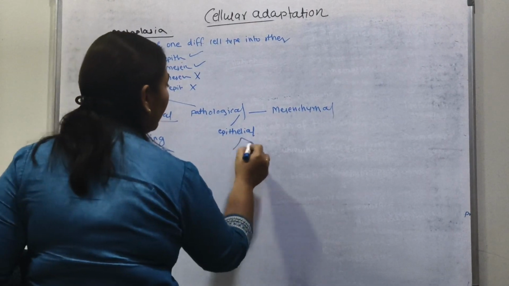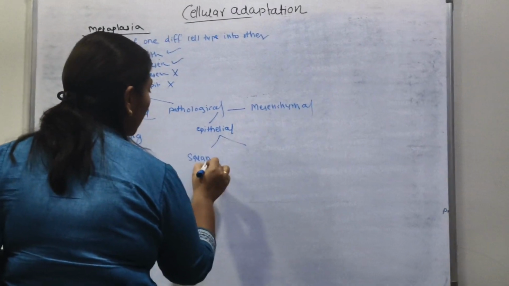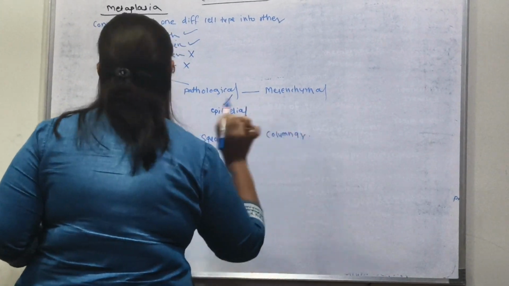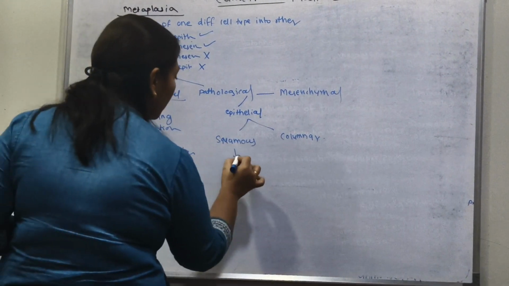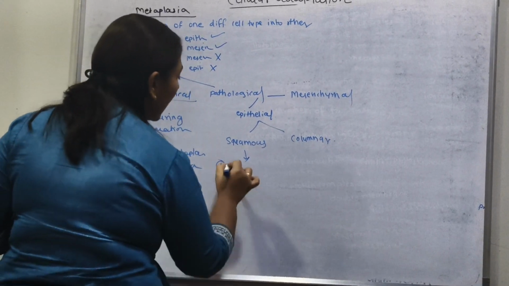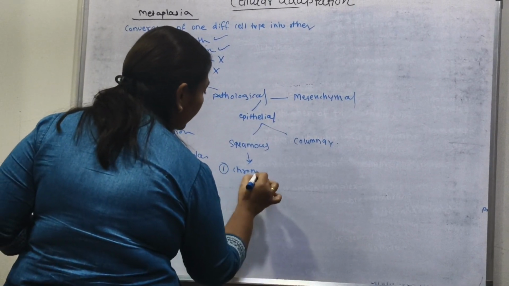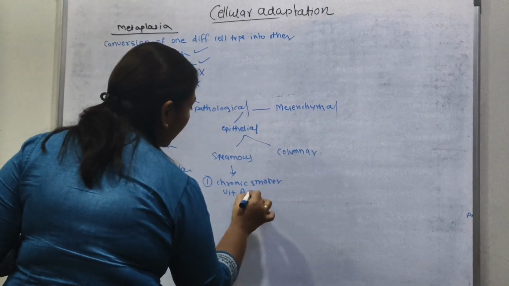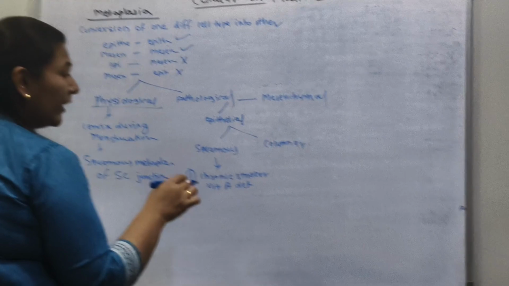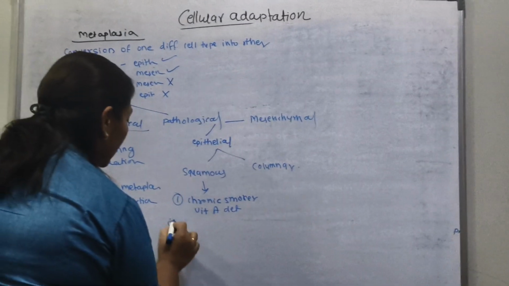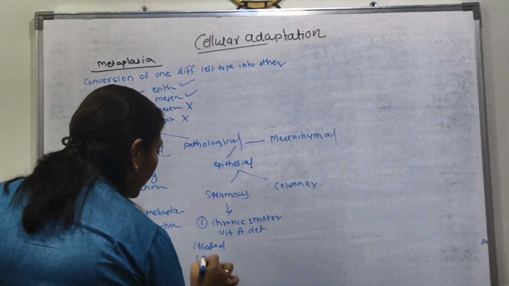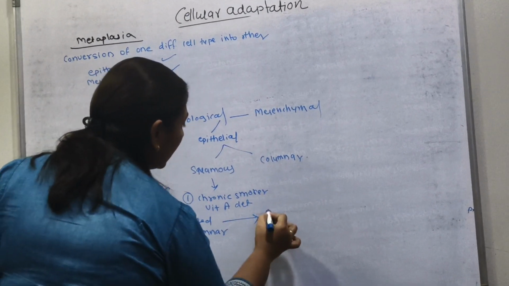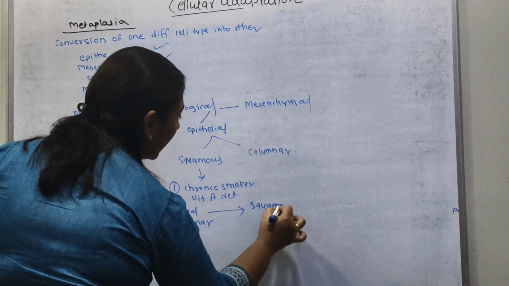Epithelial metaplasia is again divided into two types: squamous metaplasia and columnar metaplasia. In squamous metaplasia, the most important examples are chronic smoking and vitamin A deficiency. In chronic smoking or vitamin A deficiency, the ciliated columnar epithelium lining the respiratory tract is converted into squamous epithelium.